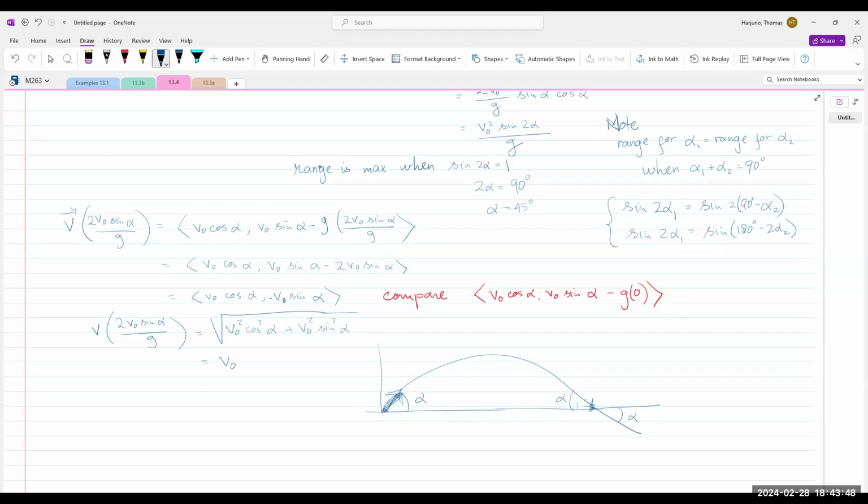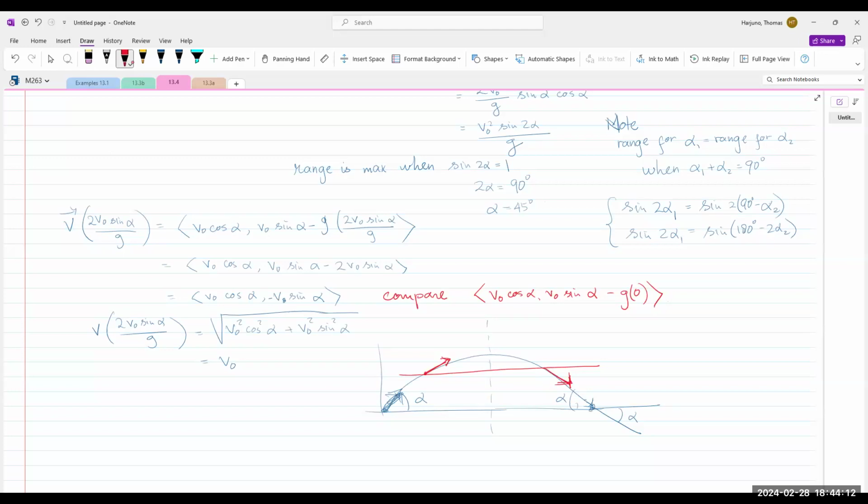Does it make sense? In fact, if this projectile travels without any air resistance, then at any given height the speed here is the same as the speed here.